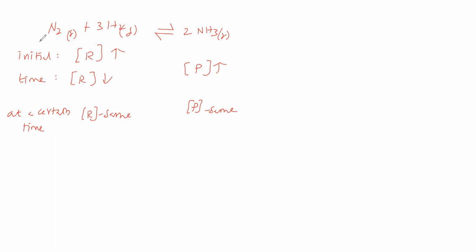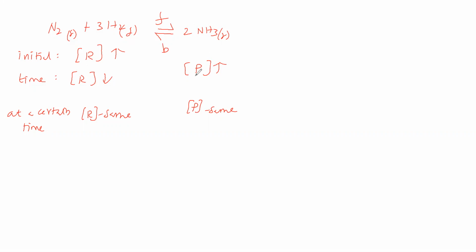Here also, equilibrium is the final state. It is possible when the rate of forward and rate of backward reactions are equal. Initially we took reactants. As time passes, the concentration of reactant reduces, meaning the forward reaction takes place continuously. At the same time, the concentration of product increases, meaning the backward reaction also takes place.